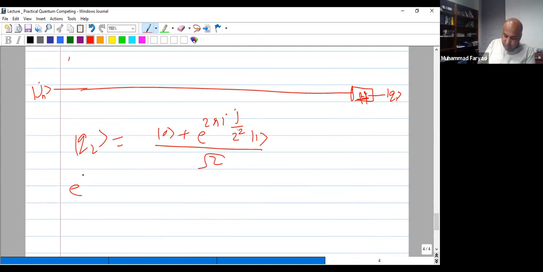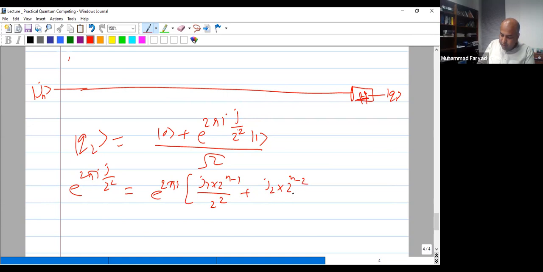Now this exponential 2 pi iota j over 2 power 2 can be written as exponential 2 pi iota, and this j is j1 2 power n minus 1 over 2 power 2 plus j2 2 power n minus 2 over 2 power 2, all the way to jn minus 1 2 power 1 over 2 power 2 plus jn 2 power 0 over 2 power 2, because 1 is 2 power 0.